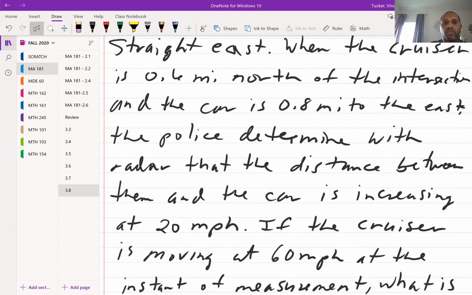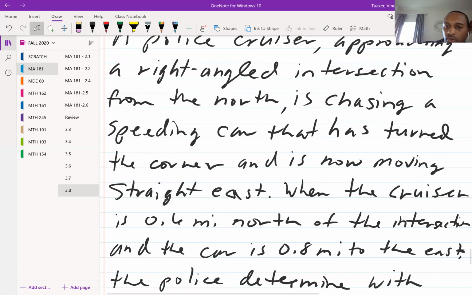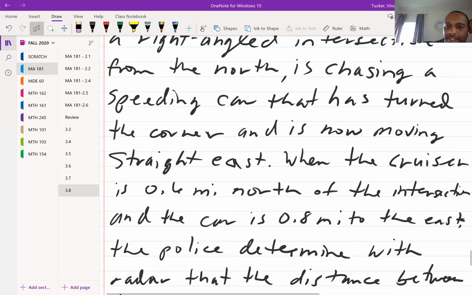All right, so let's go to the beginning, and then I'll pause, make sure you got everything before we get going. A police cruiser approaching a right angle intersection from the north is chasing a speeding car that has turned the corner and is now moving straight east.